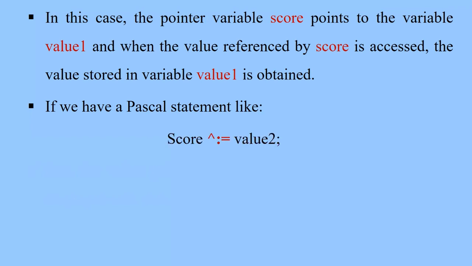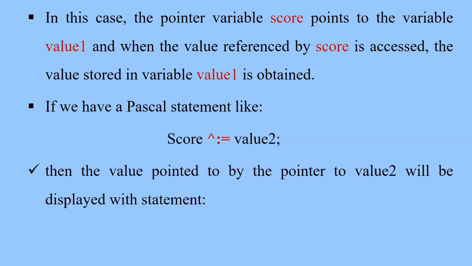In other words, we are initializing the pointer called score with the value stored in memory location called value 2. So the value pointed to by the pointer will be displayed by the statement writeln(score pointer), or write out whatever the pointer called score is holding.